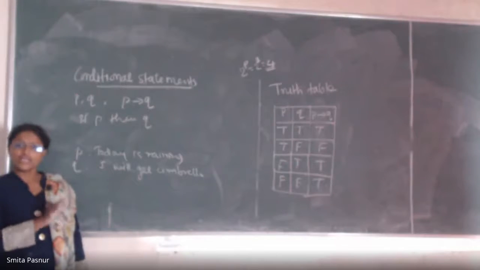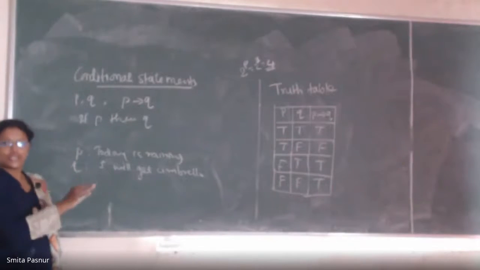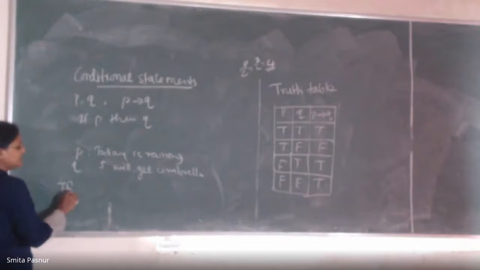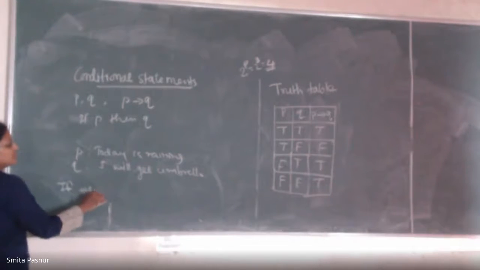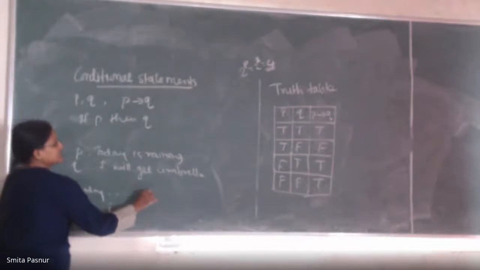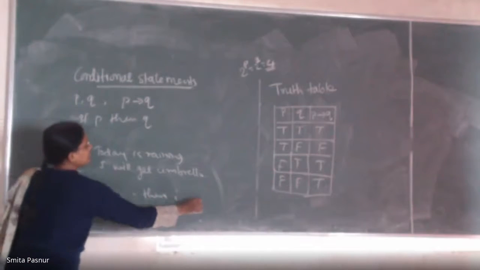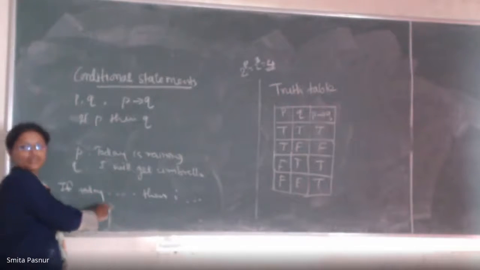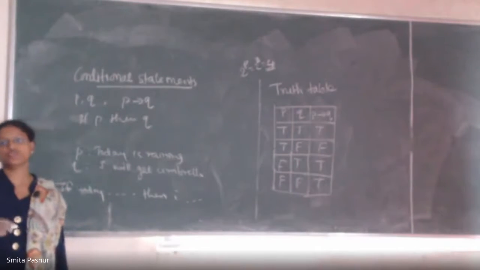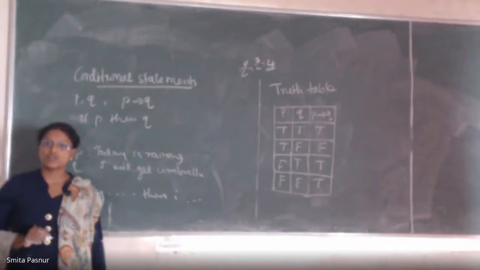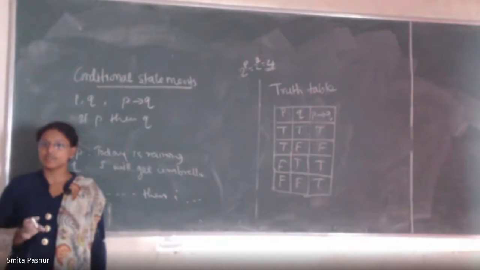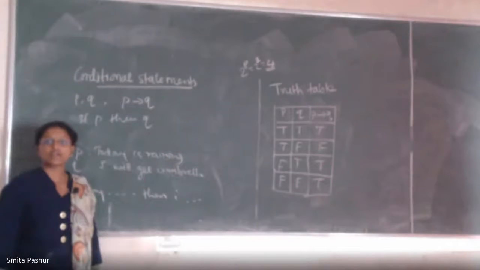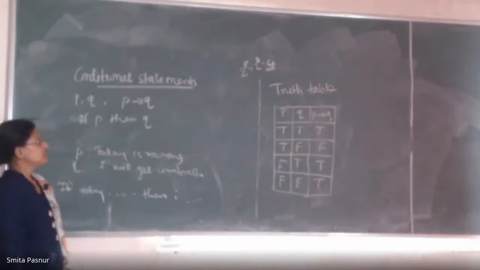You have to add if at the starting. If today is rainy, then I will get an umbrella. Got it? So this statement will give you P conditional Q. Is it clear to all of you? Conditional statement, if, then. So that is the truth table for conditional propositions.